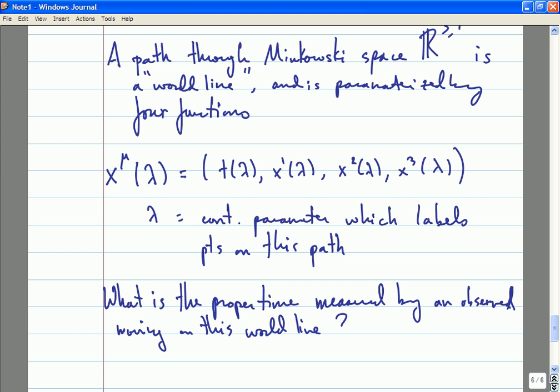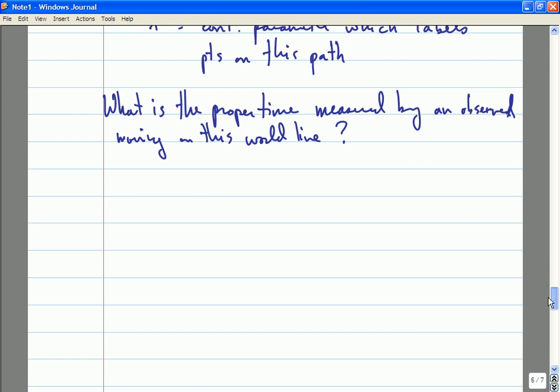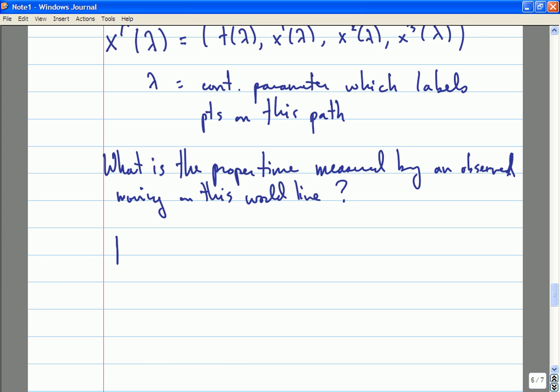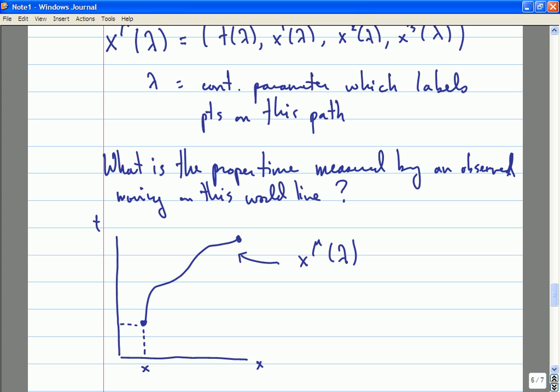So let's say, for example, that we have an observer who begins here and ends over here, traveling on some complicated path through space-time, which is not a constant velocity, but is just given by these functions x mu of lambda, and moving between some initial point x1 and t1, given by some initial value of lambda 1, and some final values x2 and t2, at which lambda is equal to lambda 2.